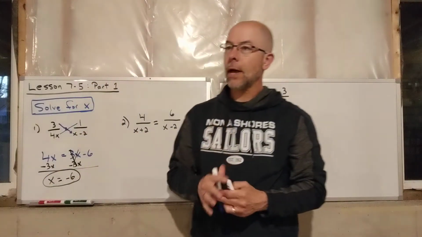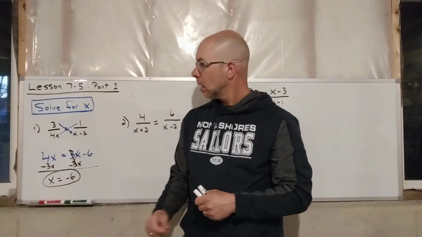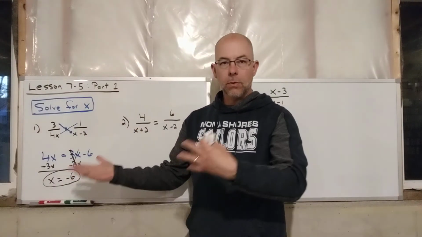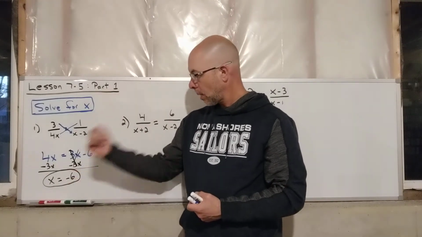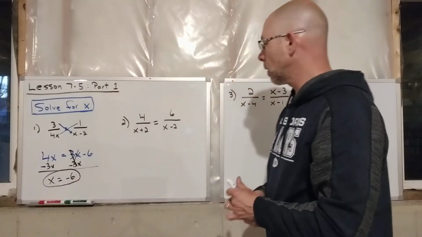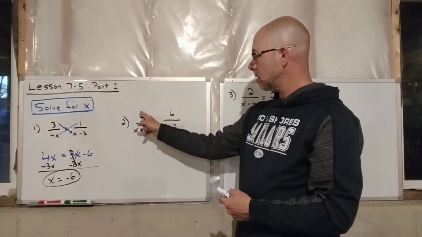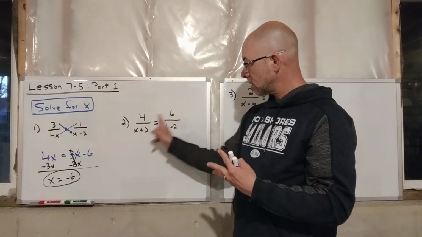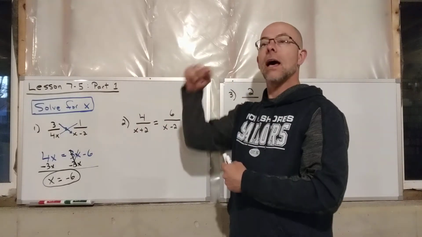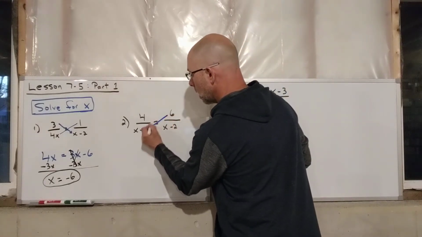So you kind of know how I operate in class, even though we were only together a whole whopping week. I usually start out with a relatively straightforward example, like the nicest it can kind of be, and there we go. So over to here, we're going to continue with the same process. If I just take a look ahead, this 4 is going to multiply by this x being 4x, that 6 will multiply giving me 6x, so I'm going to do the 6x part first. So I'll cross multiply this way.